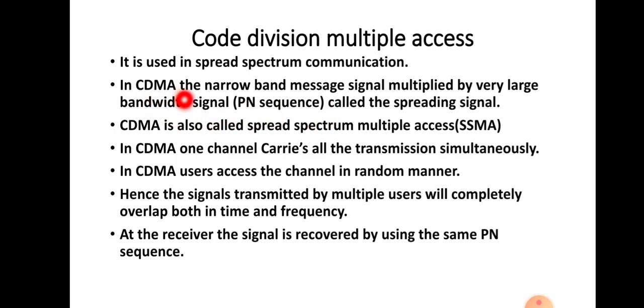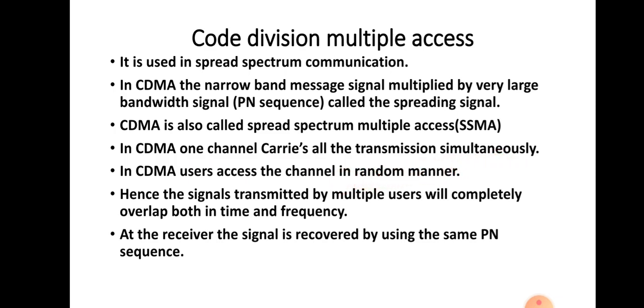That means in CDMA the narrow band message signal is multiplied by a very large bandwidth signal or PN signal called the spreading signal. And CDMA is also called spread spectrum multiple access, that is SSMA. In CDMA, one channel carries all the transmissions simultaneously.